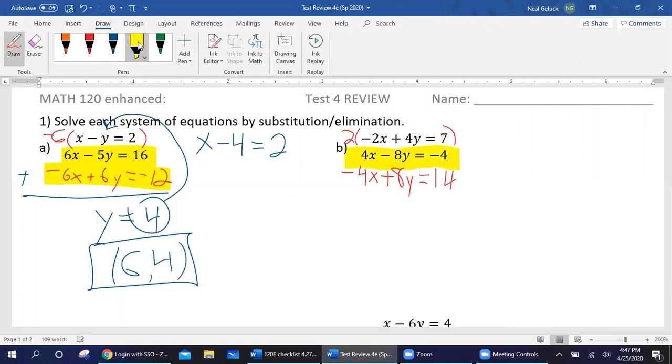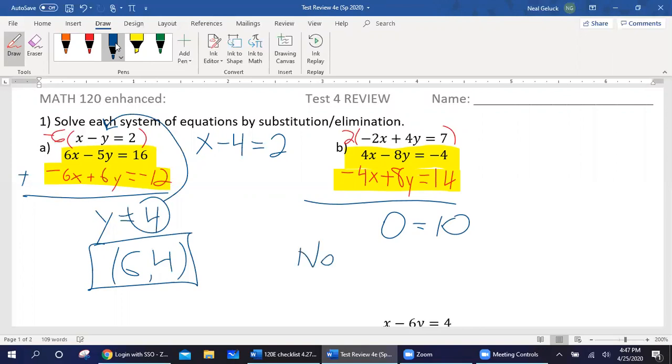If I add these two equations together, the x's and y's eliminate, and I'm left with 0 equals 10. That is a no solution problem then, which means also this is an inconsistent system. Oops, try to spell that correctly.